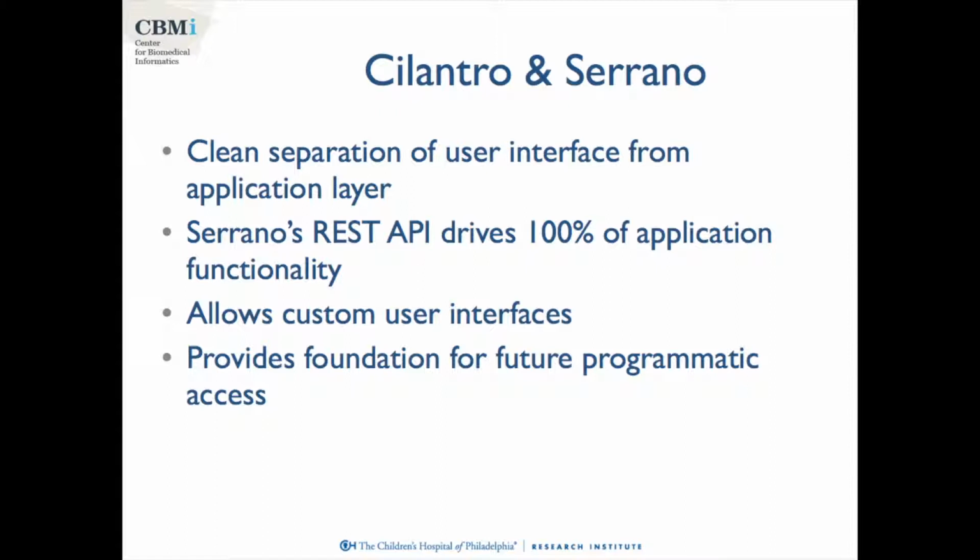And it really provides a strong foundation for programmatic access to the back end, so being able to actually write scripts and code against the API. And since we're using it in the user interface, we've been our own customers, so to speak, on that front.